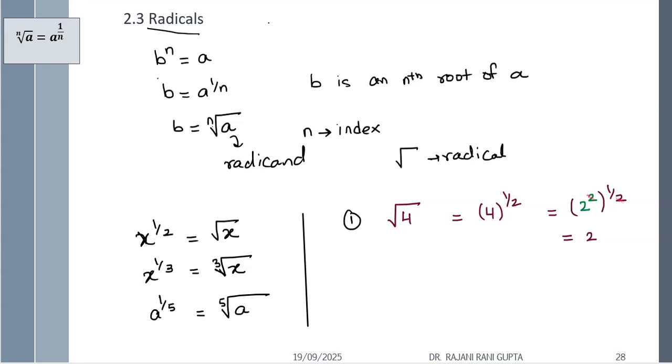Okay, clear? Similarly, if I give you an example, the cube root of 125. Converting this radical into an exponent, you can write 125 to the power 1 over 3. Since we want to cancel this 3, we look at how we can write 125 as the power 3 of a number. Yes, we can write it as 5 power 3, this whole to the power 1 over 3. That gives you 5. So this is how you work with the numbers.